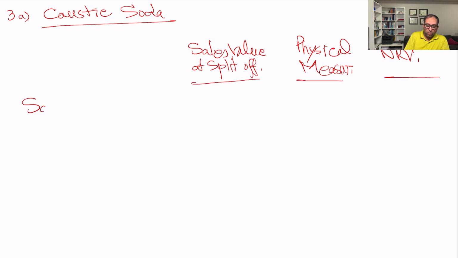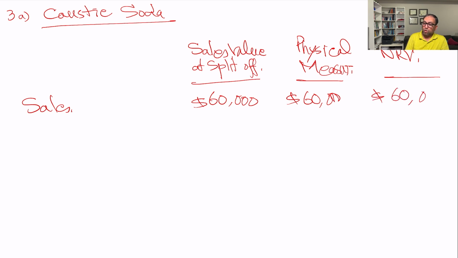In all three cases we see the sales are 60,000. So it's 60,000 sales of caustic soda, and we have a joint cost allocated.